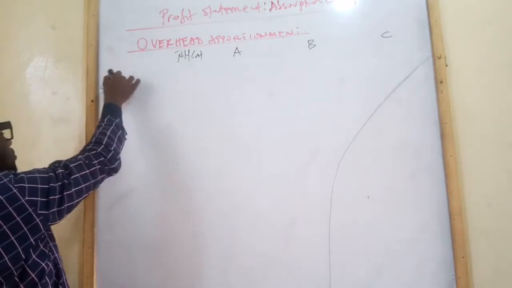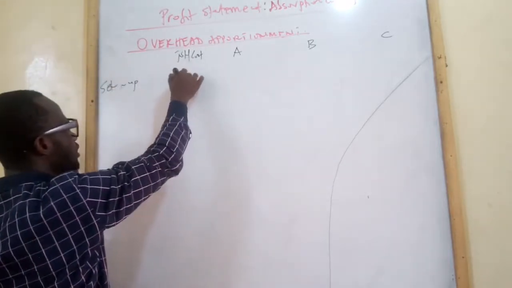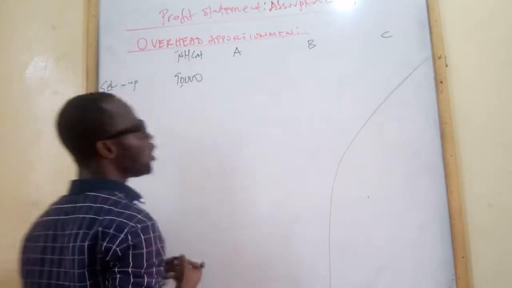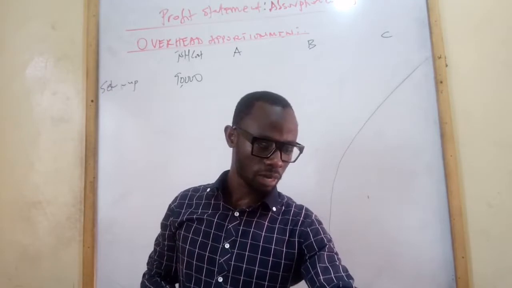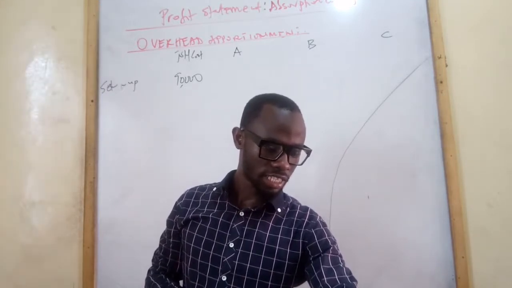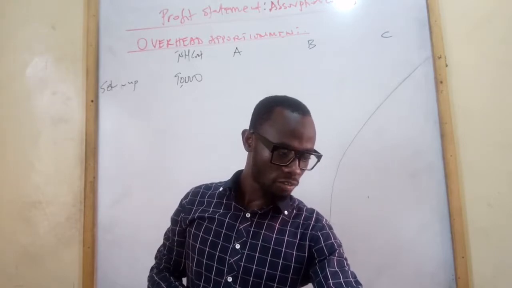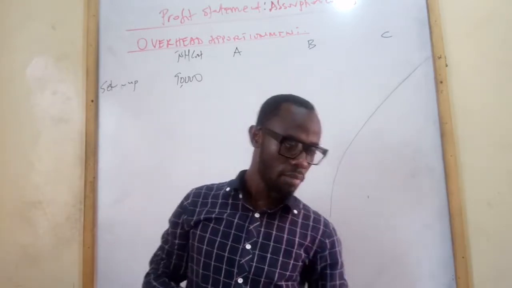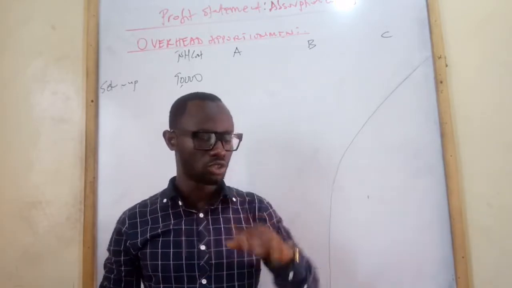So setup cost is 90,000. Now, what will be the cost driver that we are going to use to apportion setup cost? In apportioning setup cost, we need to look at the number of setups that the company made. So the number of setups is 10, 13, and then 2.